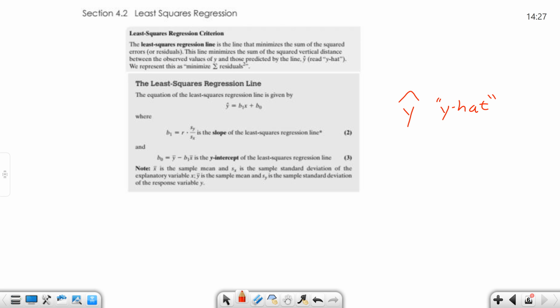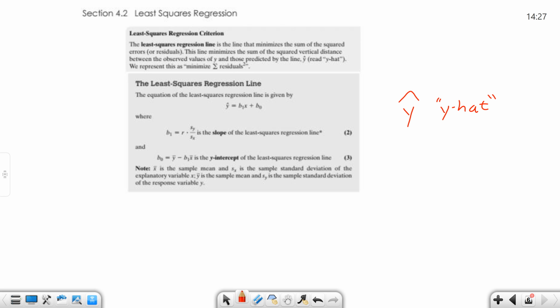If you have some of the graphing calculators, you can actually find the least squares regression line, and then you can just go into y1 equals or y2 equals, and enter the least squares regression line, and it'll put it in there for you. You don't have to type it or memorize it or anything. It'll put it straight in there for you and then graph it.